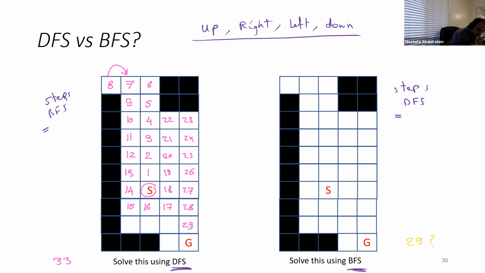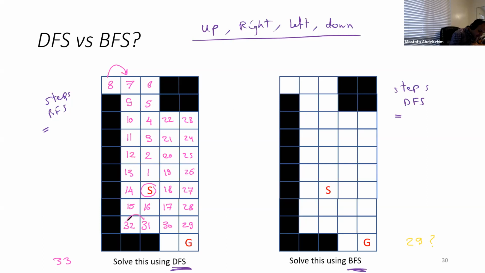29. At 29, up is explored. Yes, this is a wall here. It's the end of the map. Then right, then left. So this is 30. Up, explored, right, explored. Left is not explored. 31. 32. No possibilities.